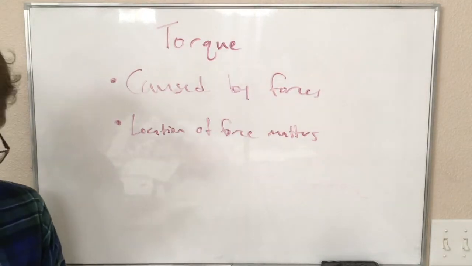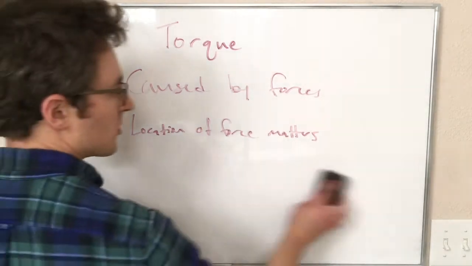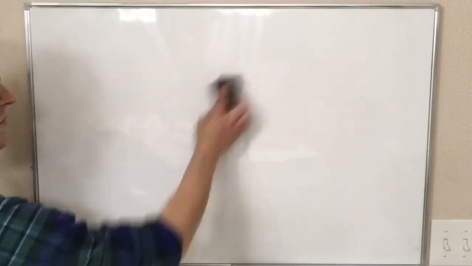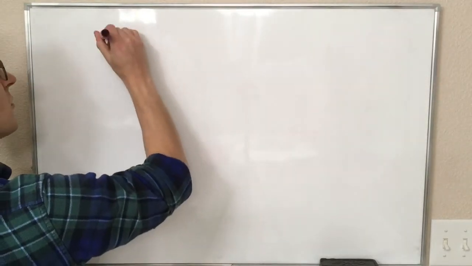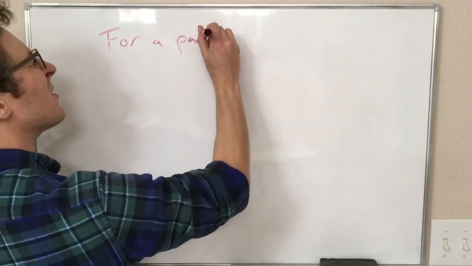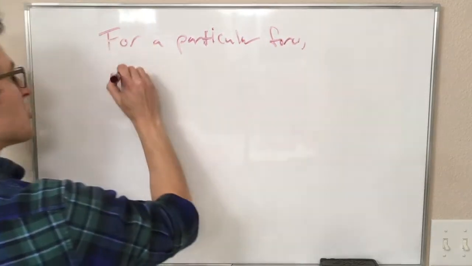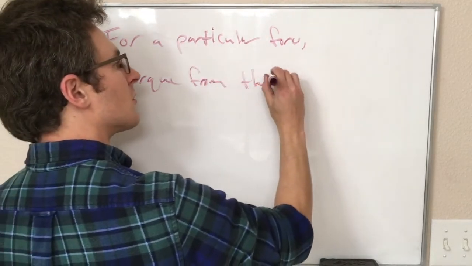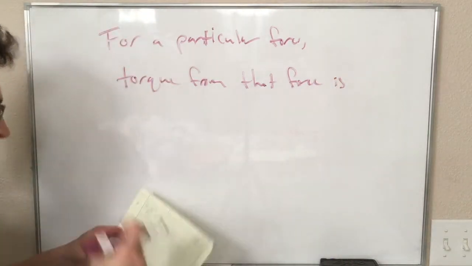All right, great. So before we get to how some more complicated things work, let's get to some very simple definition sorts of things. So for a particular force, the torque from that force is given by the following equation.